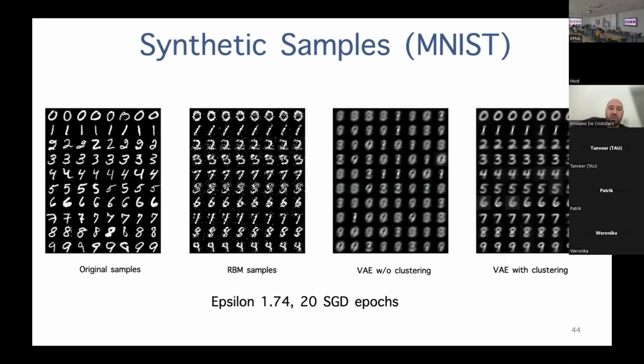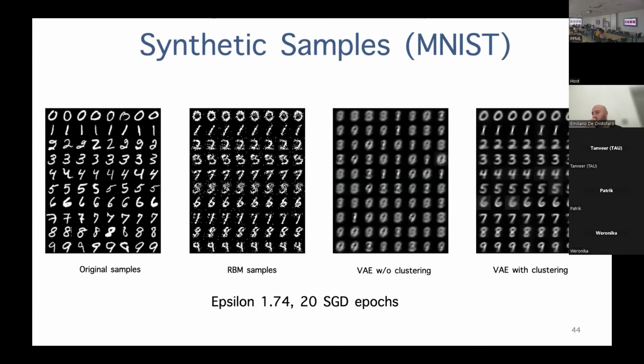So the first thing to show is the impact of clustering. So for the same privacy budget, you can see the variational autoencoder, the third plot, without clustering versus with clustering. You can see how much better the handwritten digits are when you use the clustering.